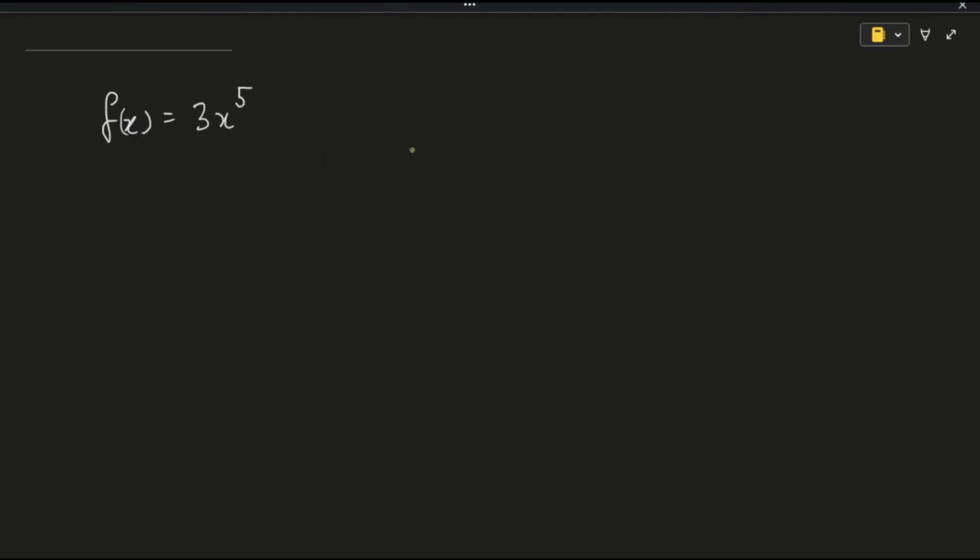Now, the derivative of a function is denoted by f prime or dy dx. For the purposes of this video, let's advert to the power rule method of differentiation.